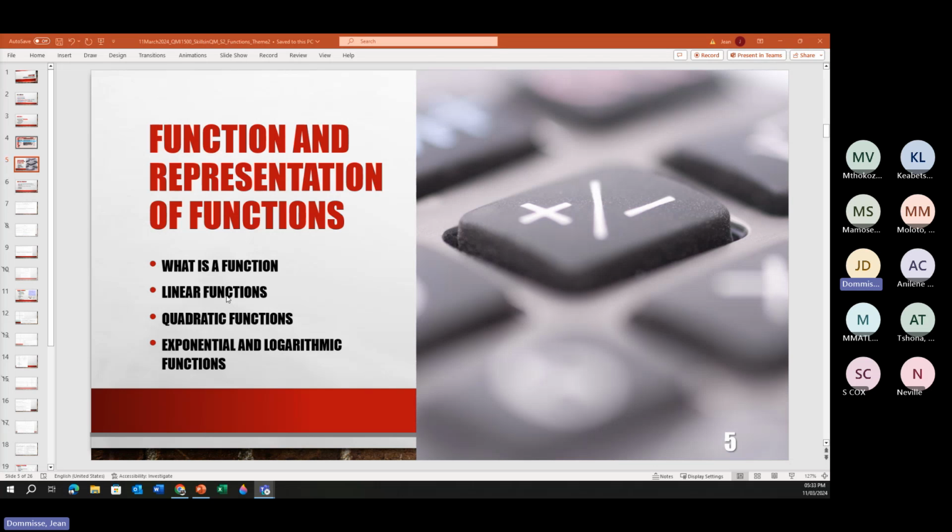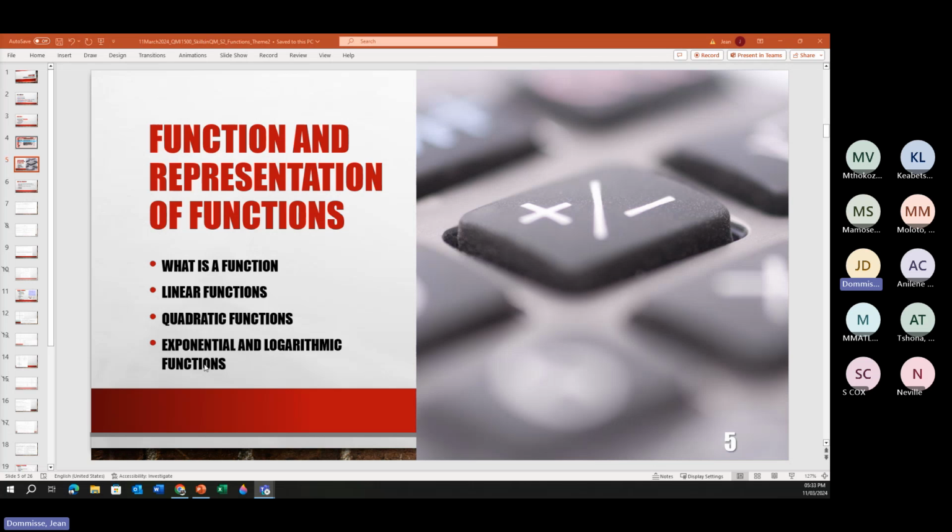We look at quadratic functions. Quadratic is normally a parabola, so we will look at examples of that. And then the two extreme ones, namely exponential and log functions. Okay, so we look at all four of them.